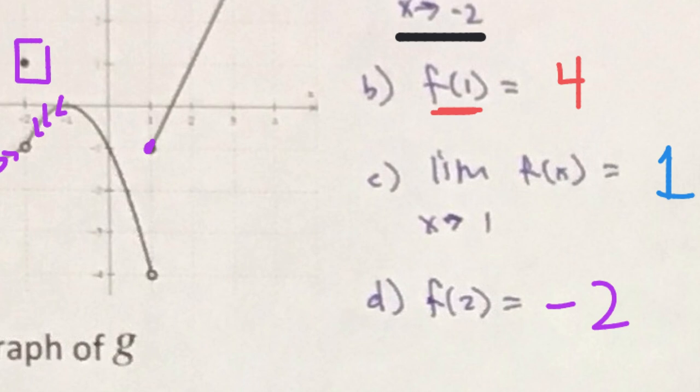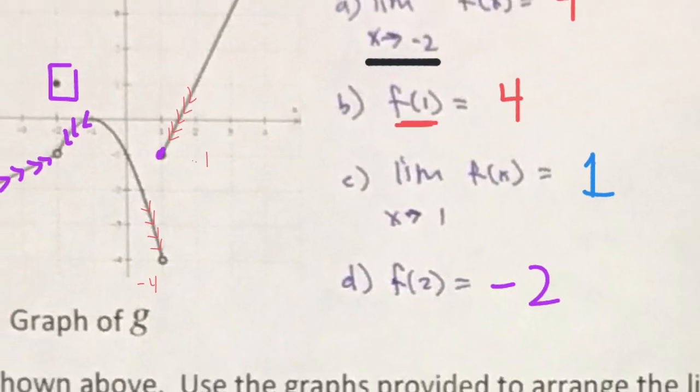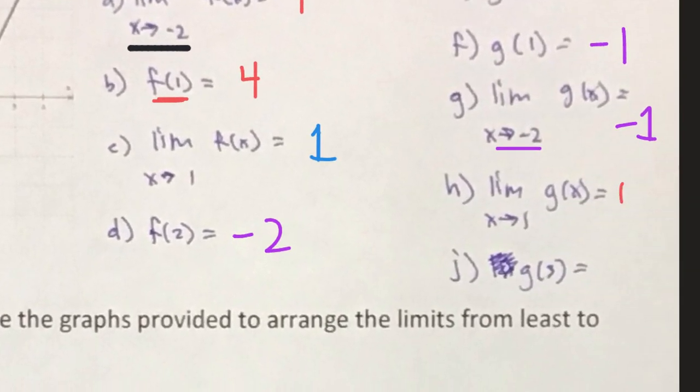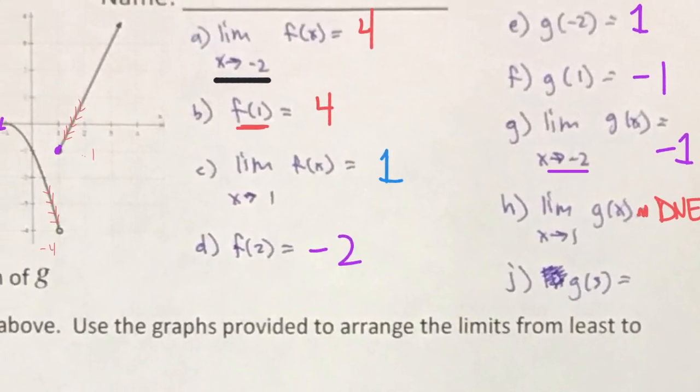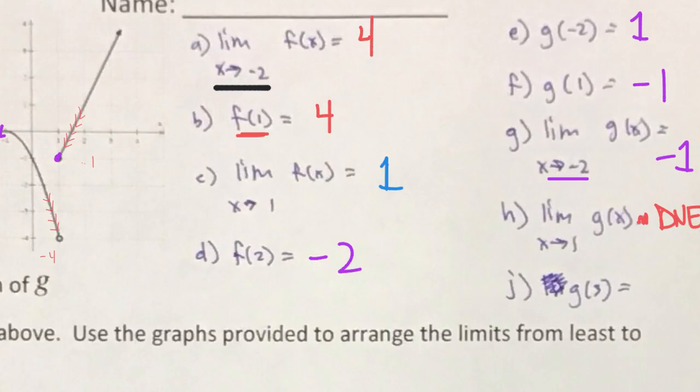Well, from the left side, our graph is going towards -4, and from the right side, our graph is going towards -1. And since -4 and -1 are not the same number, the limit at +1 does not exist. The limit does not exist if the left side and the right side go to different values.